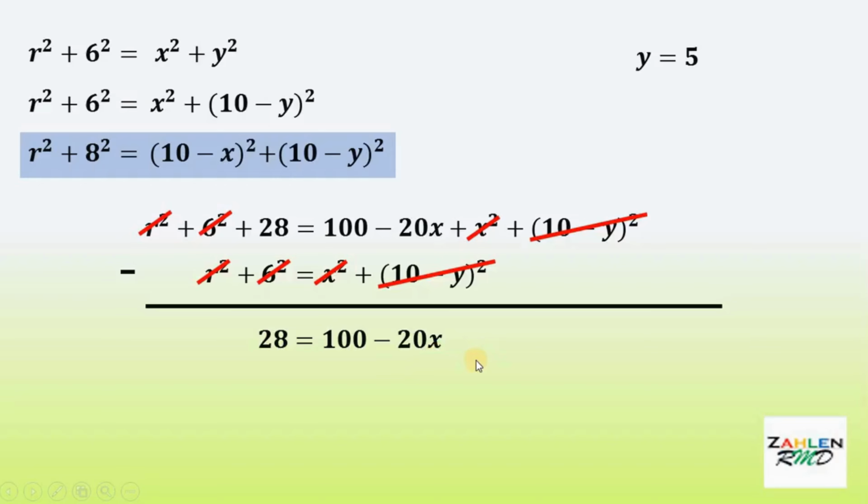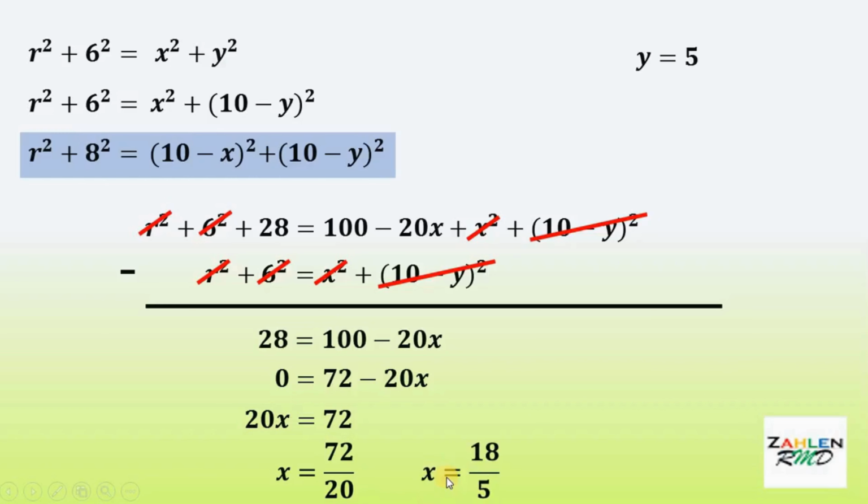Now, subtract 28 from both sides and we get 0 equals 72 minus 20x. Add 20x to both sides and we get 20x equals 72. Divide both sides by 20 and we get x equals 72 over 20. Simplify and we get x equals 18 over 5.